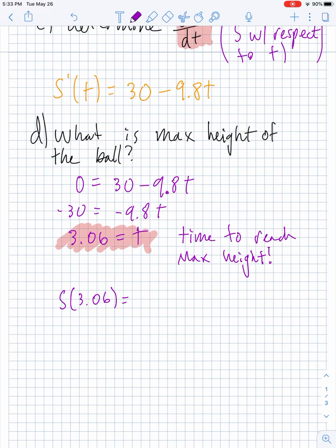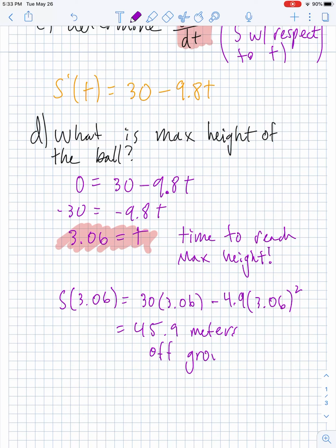That would be 30 times 3.06 minus 4.9 times 3.06 squared, and that equals 45.9 meters off the ground, and that's the maximum height. Box my answer.